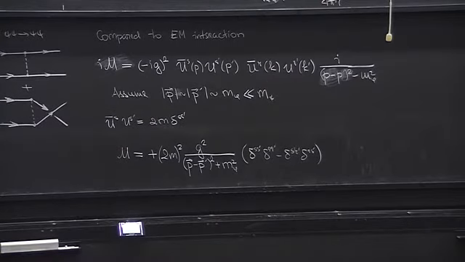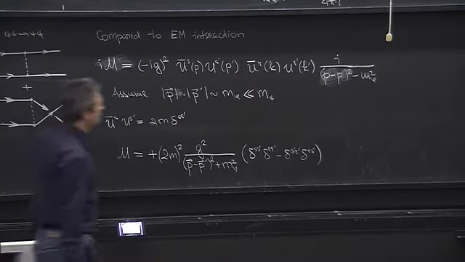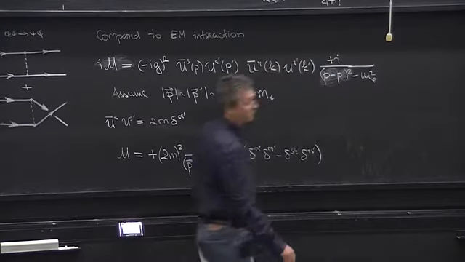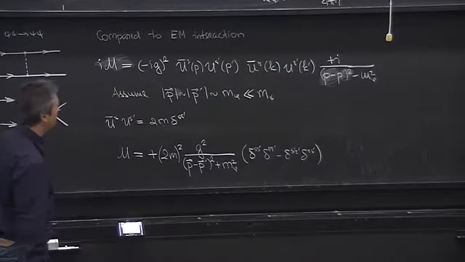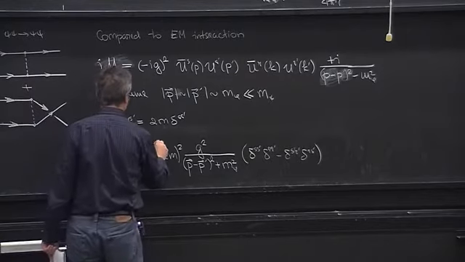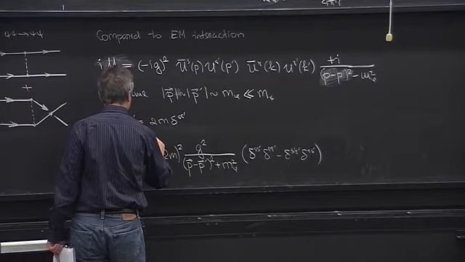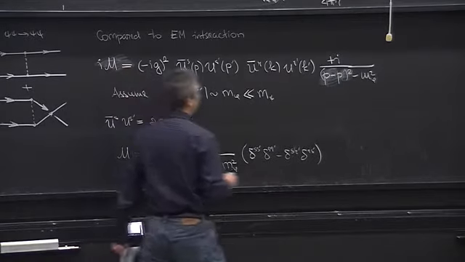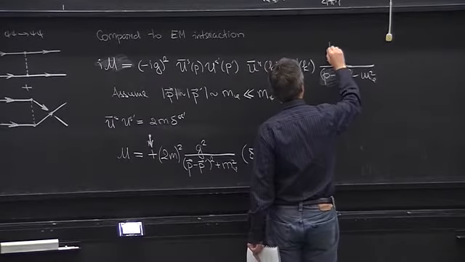Why this plus? Well, the reason is that for the scalar, the propagator comes in with the plus, while for the photon it comes in with the minus. So this minus can be traced to the difference of signs in the propagator.